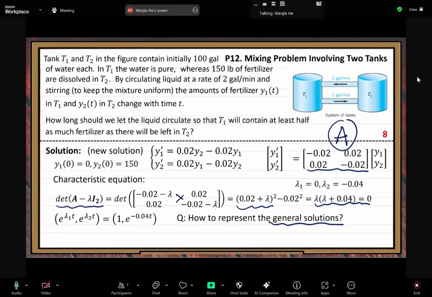So we need to find two linearly independent vector solutions for the original equation. So this is the original equation. Our goal here is to find two linearly independent vector solutions for this equation. Then we can use these two vectors to write the general solution. But we need to find these two vectors one by one.